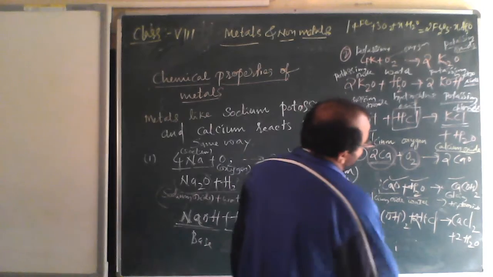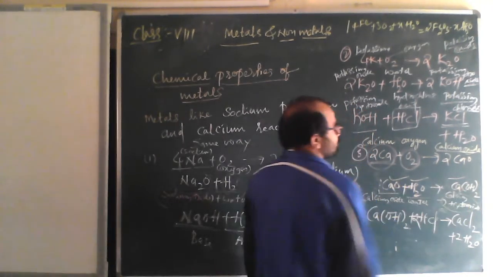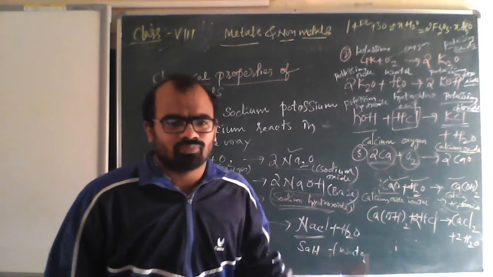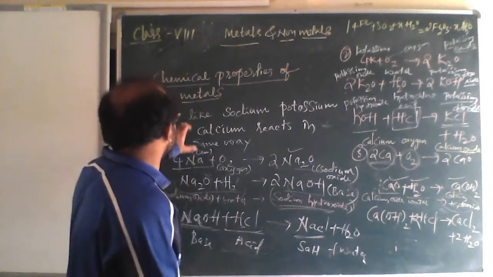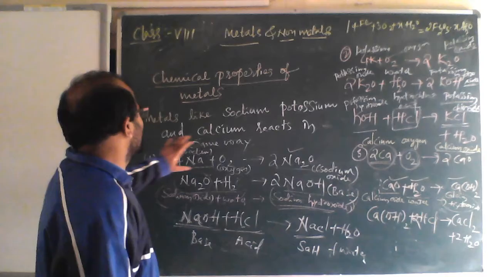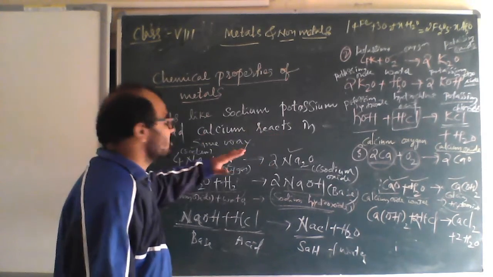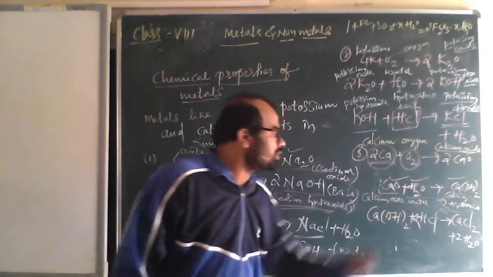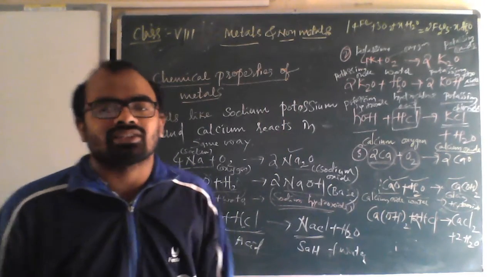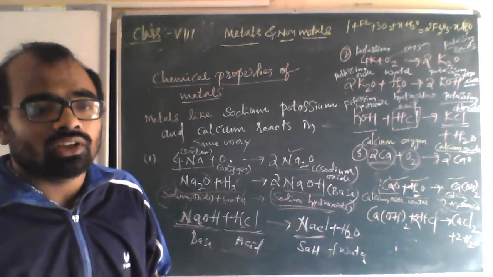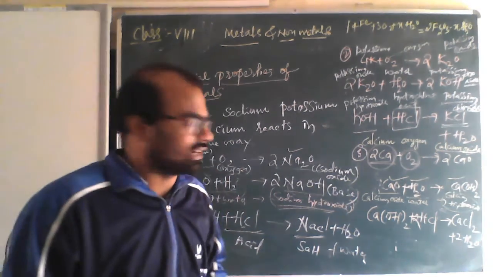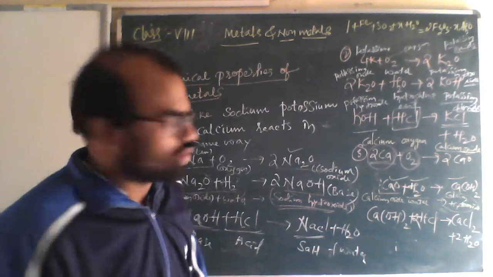And calcium hydroxide is a base. Same explanation for all the three. Only the metal is changing. That is why it is said that metals like sodium, potassium and calcium react in the same way. Now calcium hydroxide will react with hydrochloric acid and it will form salt and water. CaCl2 is the salt, calcium chloride, along with water.